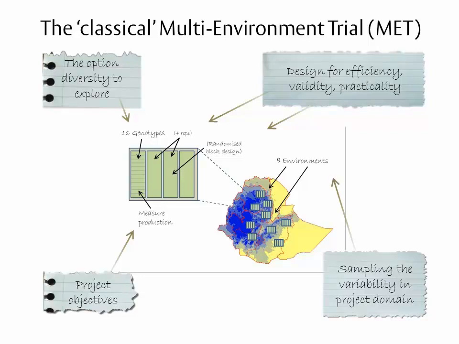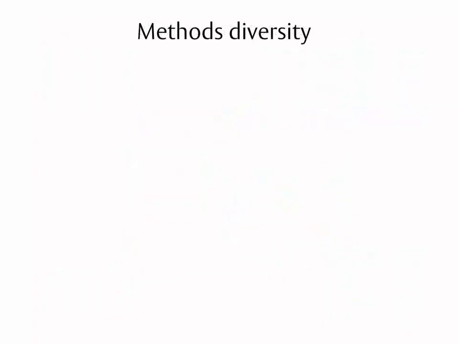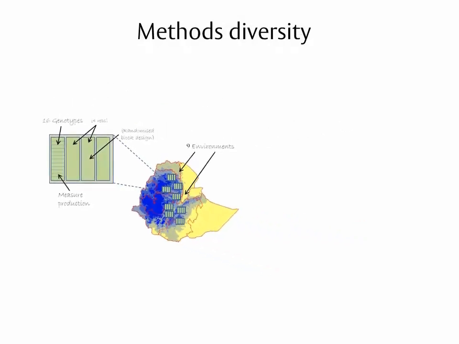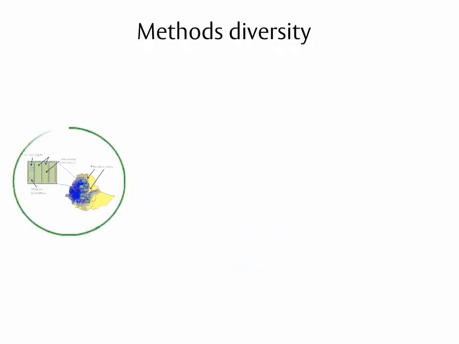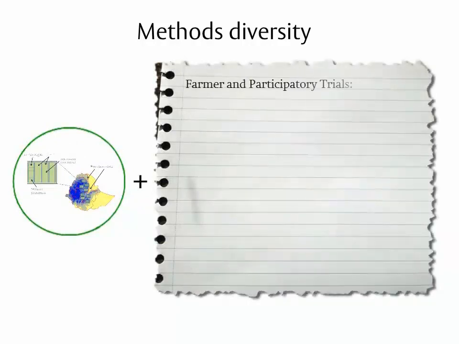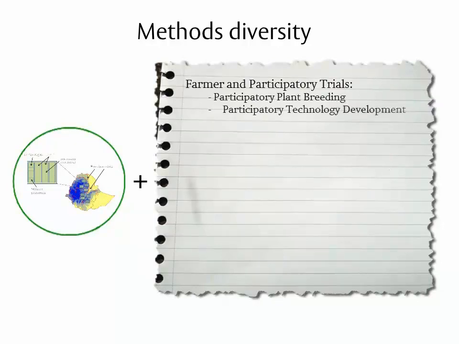The methods that we use are really very diverse. They do include the standard researchers' multi-environment trials, but they also include a range of other options, including farmers' trials, such as those described in participatory plant breeding and participatory technology development schemes. We have randomized controlled trials of other sorts of interventions.